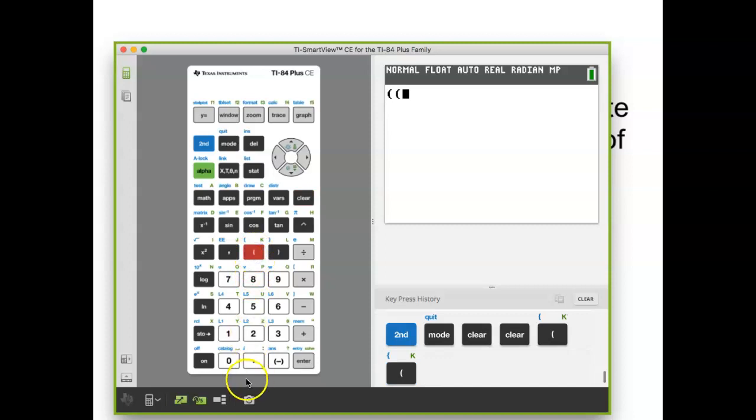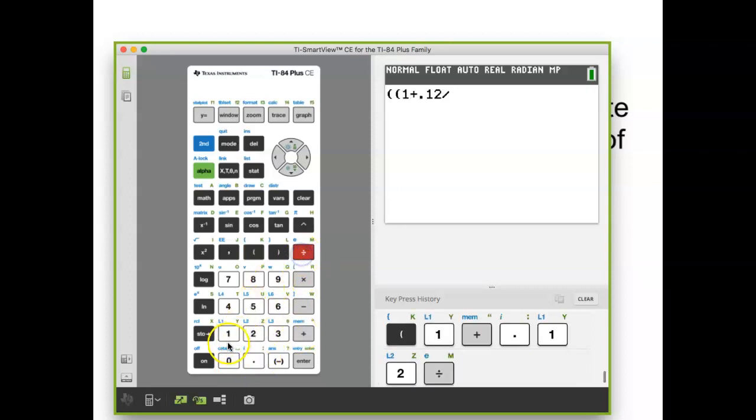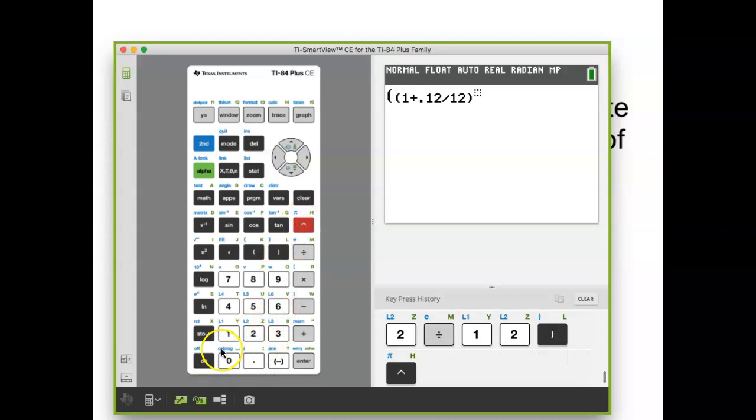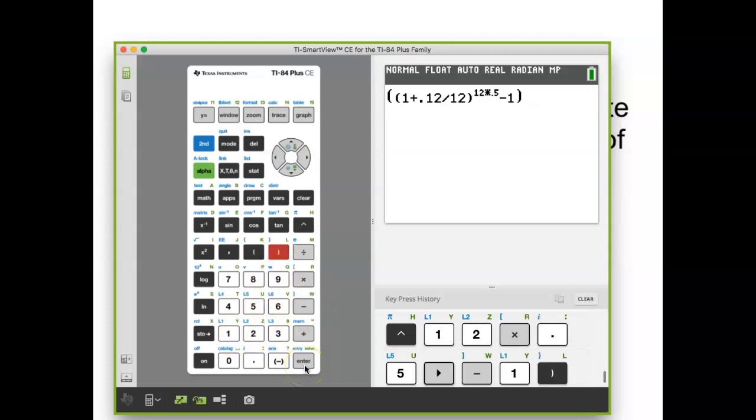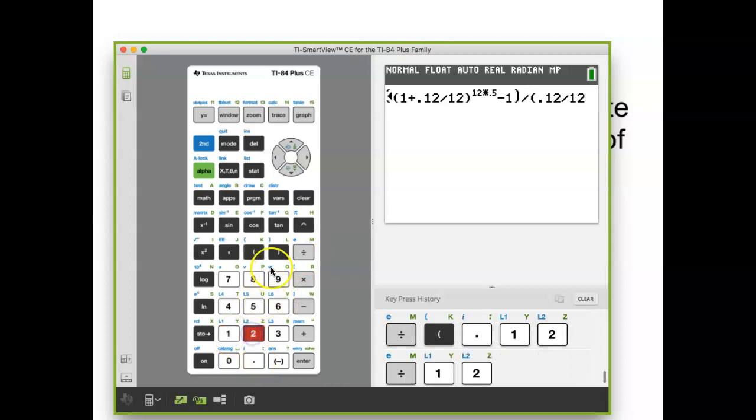All right, so I'm going to do 2 open parentheses, then we'll go 1 plus 0.12 divided by 12. Great. To the power of 12 times 0.5. Okay, minus 1. Divided by, open parentheses again, 0.12 over 12. Close.